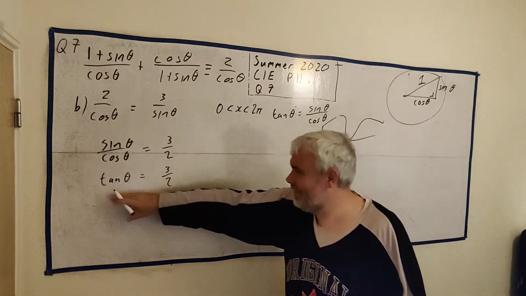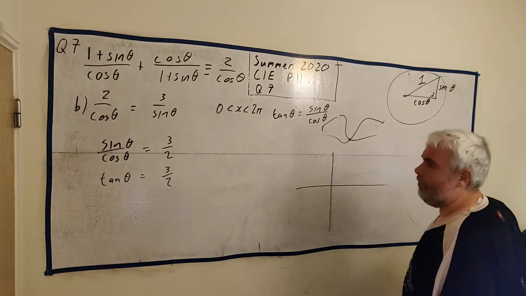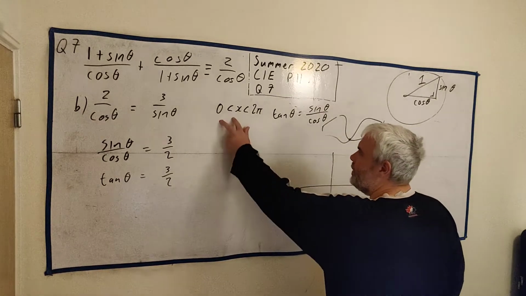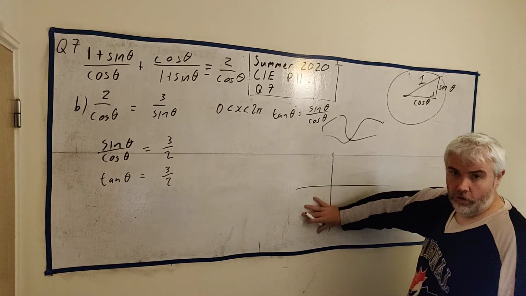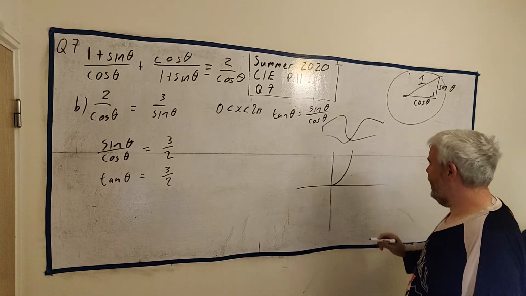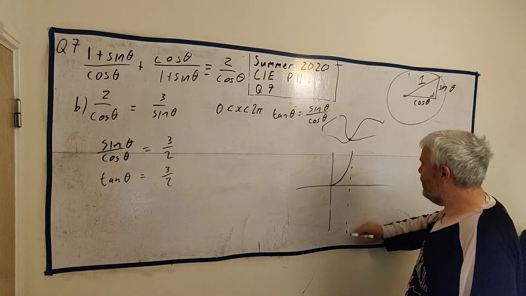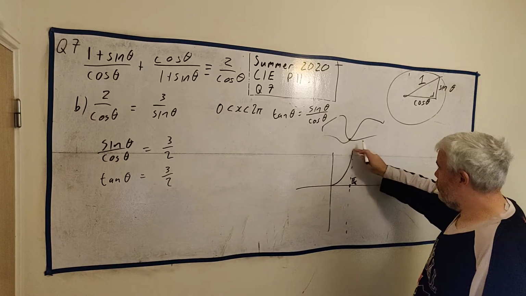So we need to actually have a little understanding of what this looks like. Let me draw a picture of tangent between 0 and 2 pi. It comes up like this, but I don't need to draw it over here because it's less than 0. This is 90 degrees here, this is pi over 2. And then it jumps all the way down.